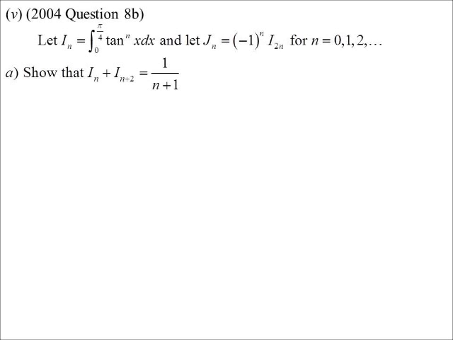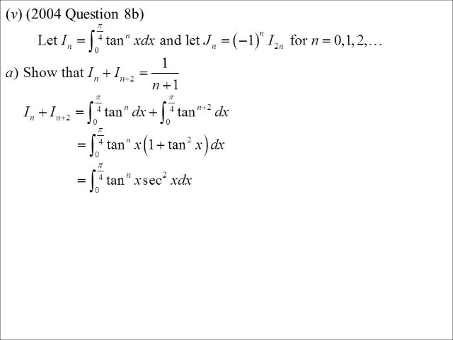The first one, show that I n plus I n plus 2 is in fact 1 on n plus 1. Okay? So they're actually forcing us to use that technique there, because it is going to be a quicker way. And I guess they just didn't want people wasting time, because this question has got quite a few parts to it. So integral of tan to the n plus tan to the n plus 2, combine it into 1, we get 1 plus tan squared is sec squared.